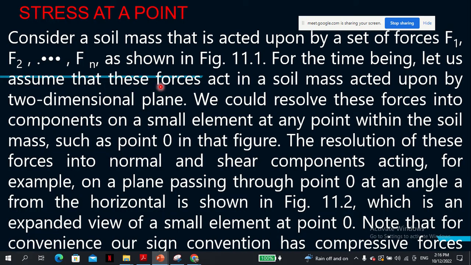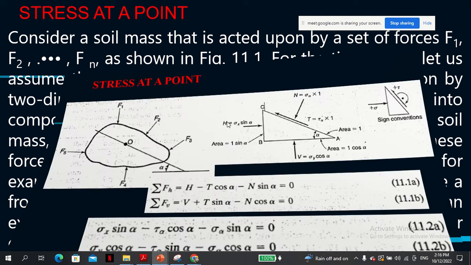So let us assume that these forces act on the soil and are acted upon by a two-dimensional plane. I think I've already explained this. We could resolve these forces into components on a small element at any point within the soil mass. Such a point is shown in the figure.